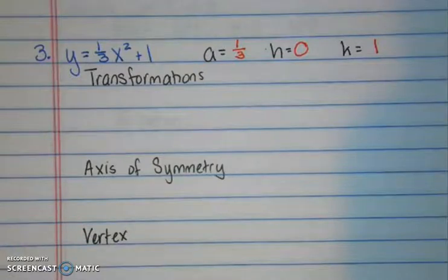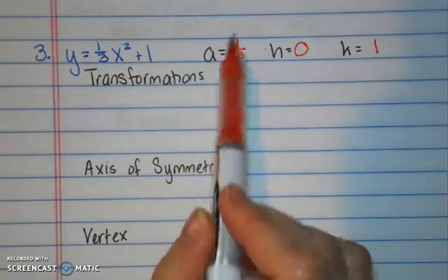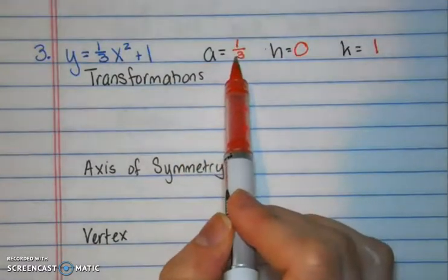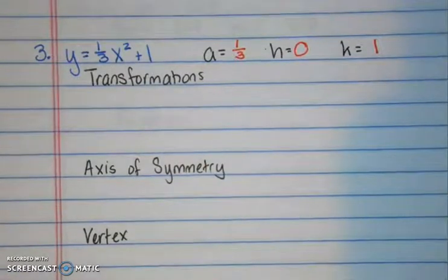Now that we know our a, h, and k values, we can identify our transformations. Do you think that there's going to be a reflection in this? There is no reflection because a is positive. Will there be a vertical stretch or compression?